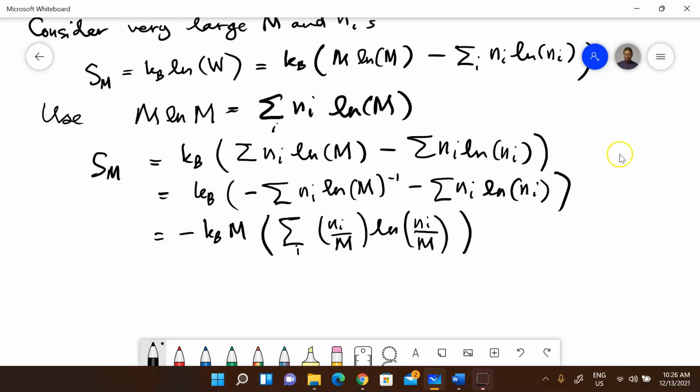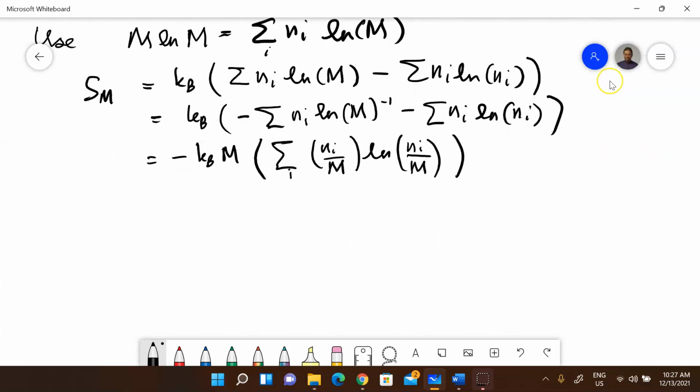Now we can start doing the approximation. As m goes to infinity, or very large, then ni over m will approach what we call the statistical probability.